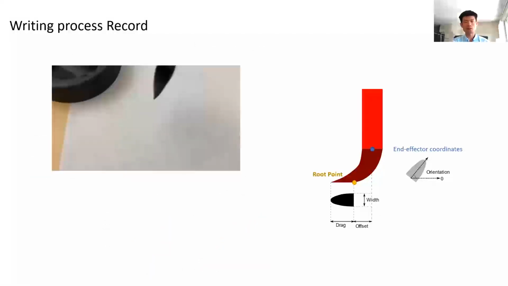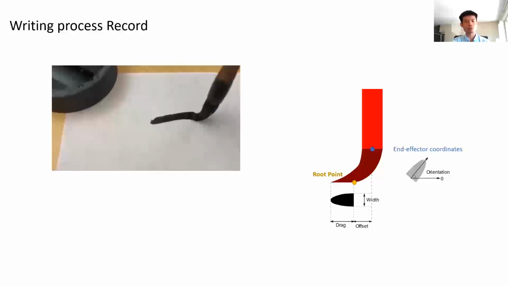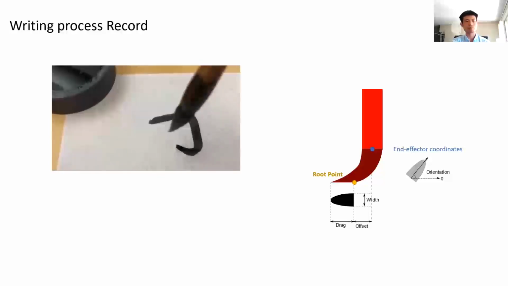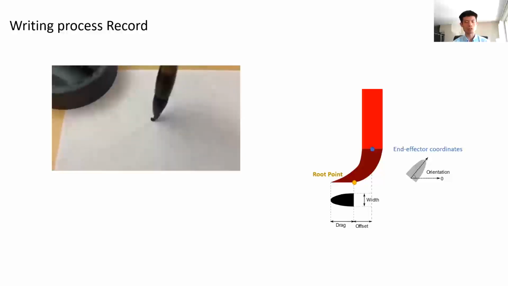Before introducing the updating formulas for offset and orientation, we want to show the writing record first. In this record, it is shown that although the brush holder is always moving, the tip does not always follow the movement of the brush holder, especially when the brush is pushed down and when the brush is making a turn.